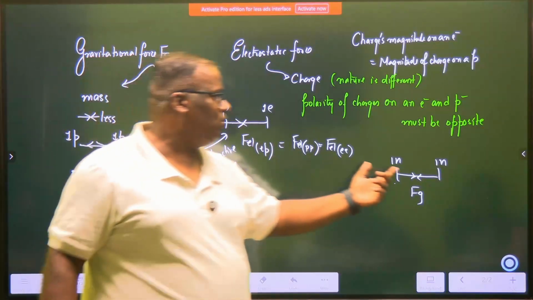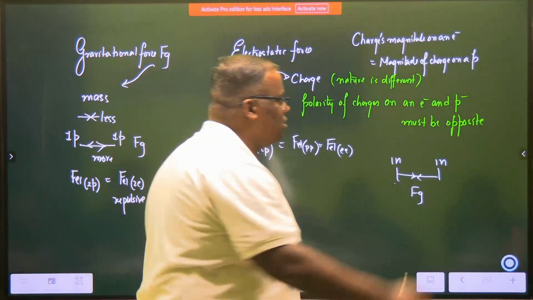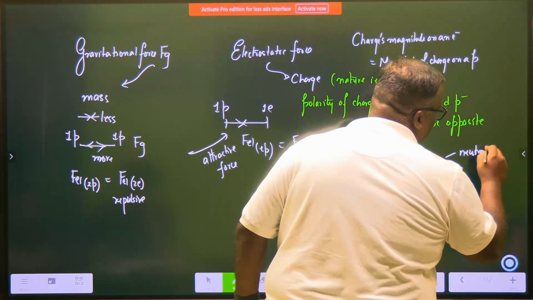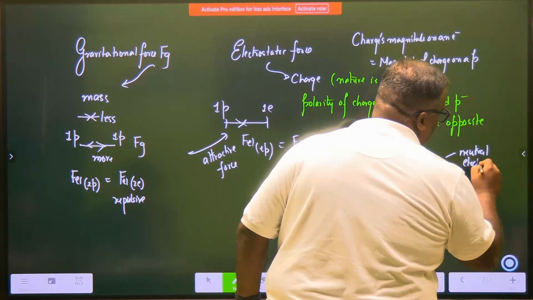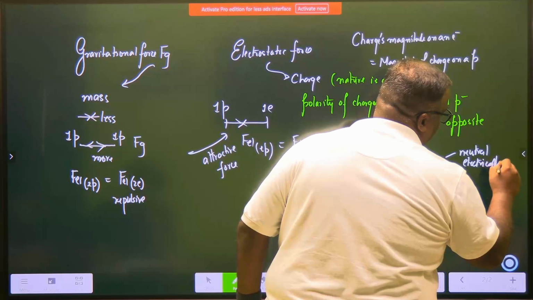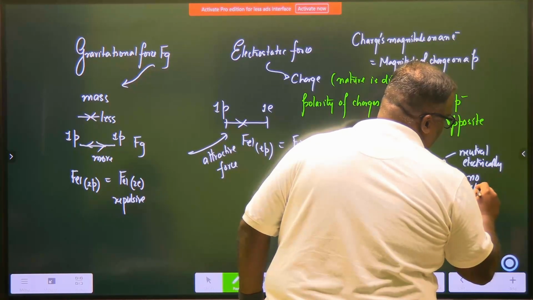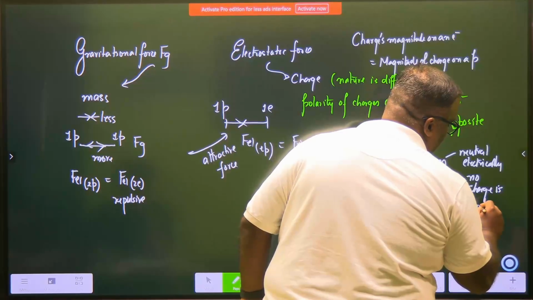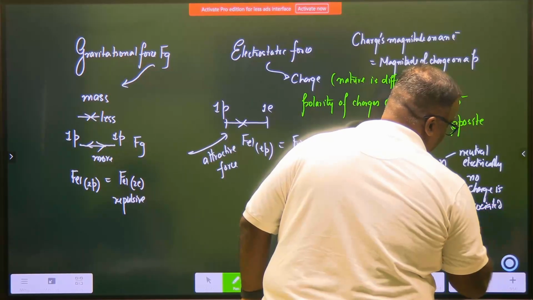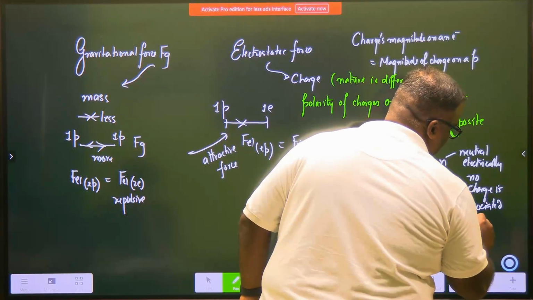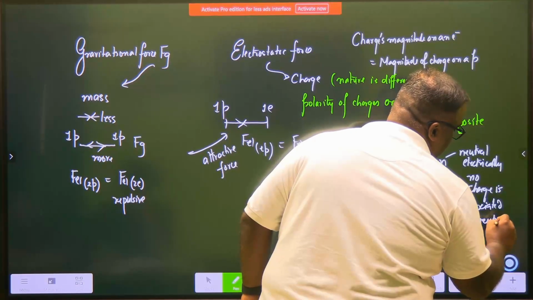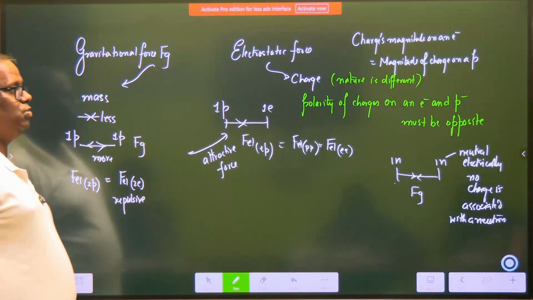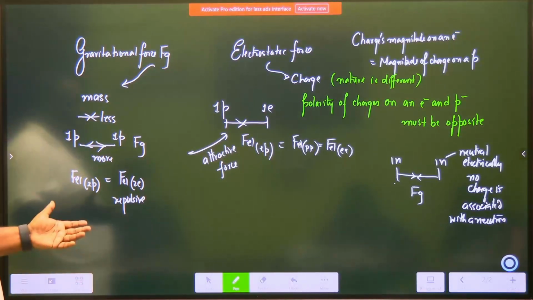But you never saw any repulsion in them because this fellow is electrically neutral, meaning no charge is associated with a neutron. Is this clear? No charge is associated. So it's all about iteration.